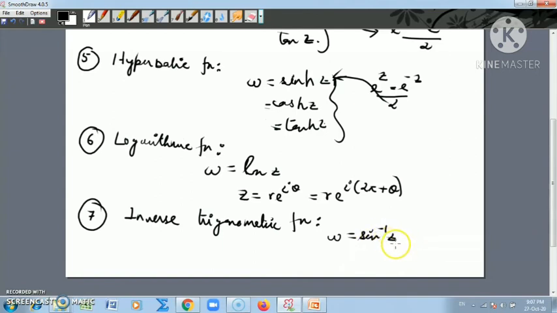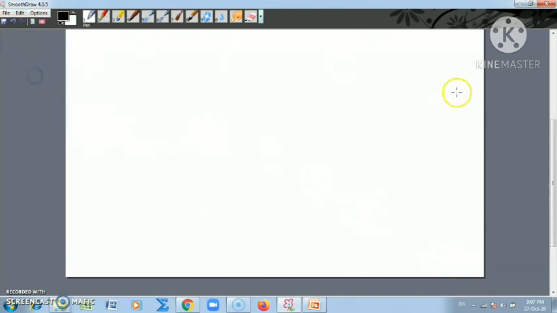And then we have the inverse hyperbolic functions, where W is equal to sinh inverse of z, and similarly cosh, tanh, and so on. So we are coming almost to the end of these elementary functions.